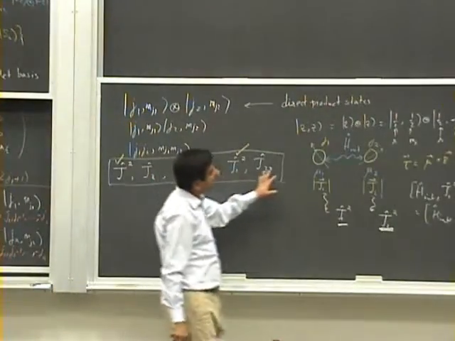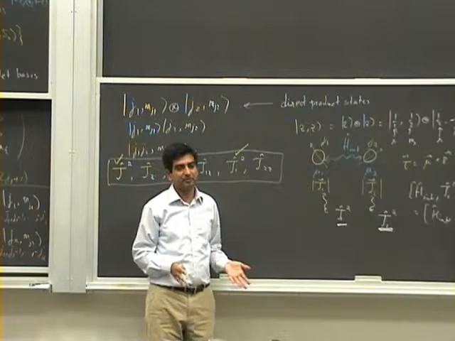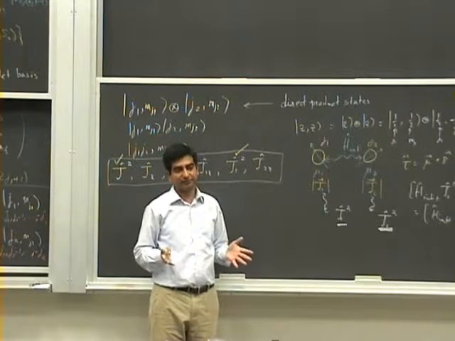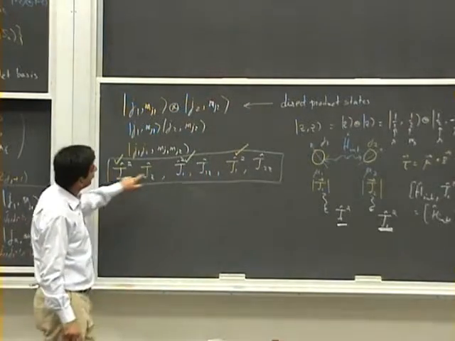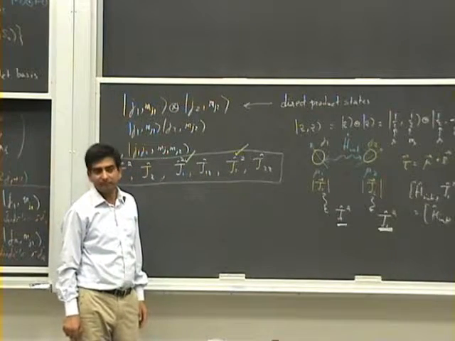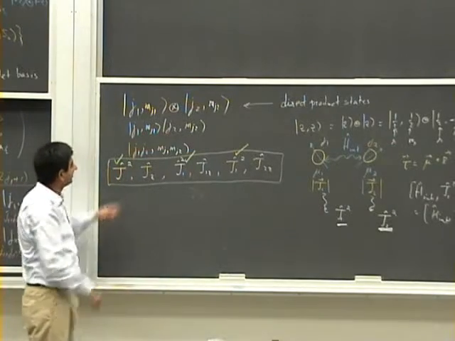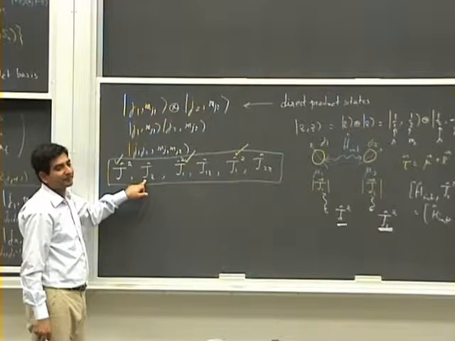Now if there is some interaction between these particles, will the total angular momentum of the system change? No, it cannot change, because the interaction is internal to the system. Therefore, this operator will also commute with J1 squared, it will also commute with J2 squared. Now let's talk about the Z component of the total angular momentum.